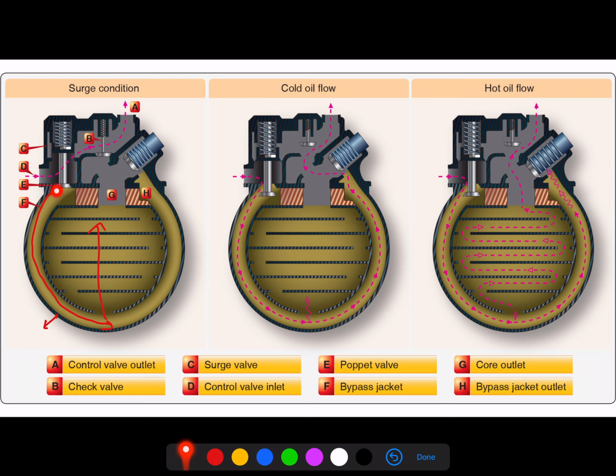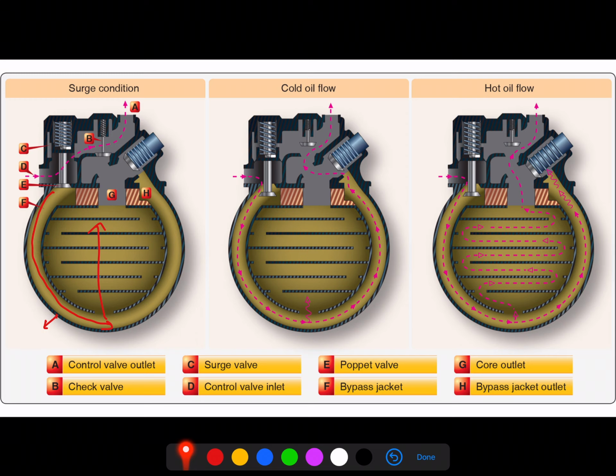This is connected to a poppet valve that seals off this bypass jacket. So as we build up enough pressure on this side, it forces this up. It gives us another path for oil to flow, as depicted by this pink dotted line, but it also shuts off our bypass jacket, so we do not get any additional oil flow that goes through that bypass jacket, potentially causing damage.